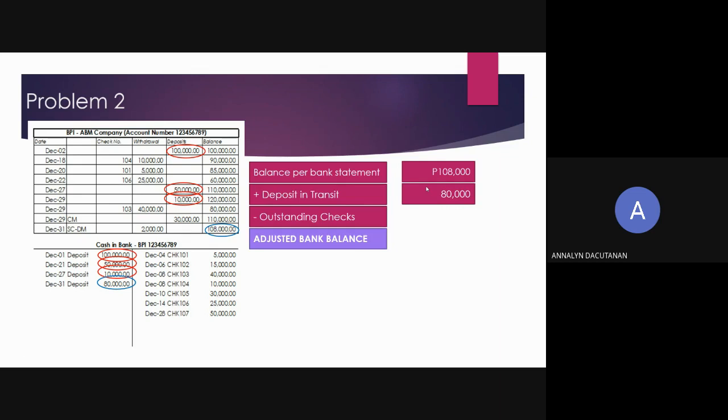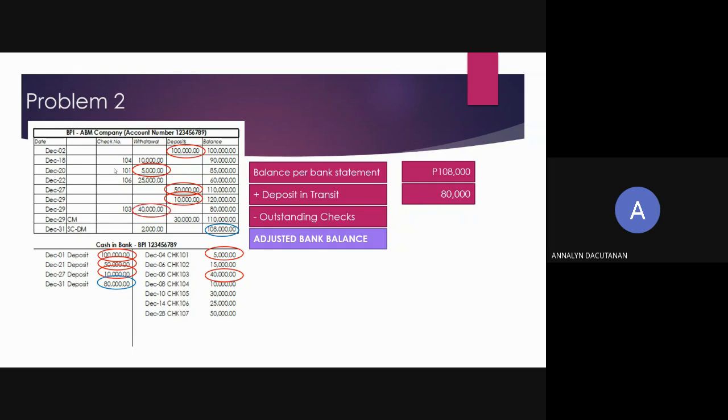Outstanding check. Tingnan naman natin yan. So, nung December 4 daw, si ABM Company nag-issue ng cheque amounting to 5,000. In-encash ba? Yes, in-encash. Ayan na, makikita mo ha, check 101. Next, check 103, 40,000, nag-issue ng cheque.